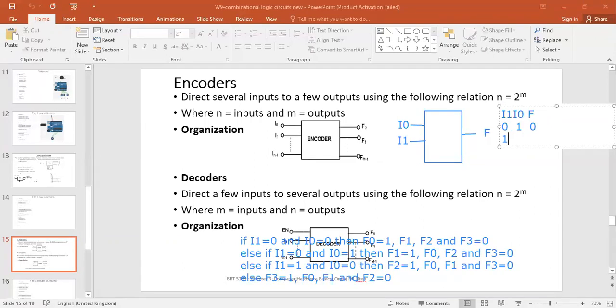When I1 is 1, then I0 is 0, we change that value to binary. That's what makes our encoder 2 to 1. Simple as that. And if we are doing a 4 to 2, then it will be the inverse of what we talked about for the decoder.